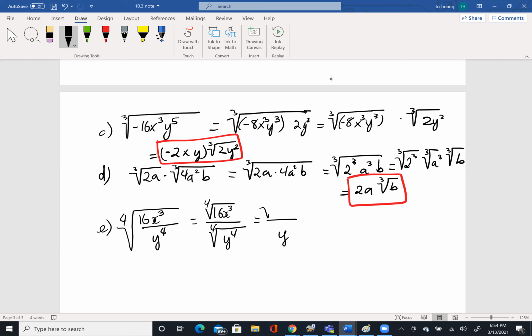You see that 16 can be rewritten as 2 to the power 4, and x to the power third stays, and you can factor it out.